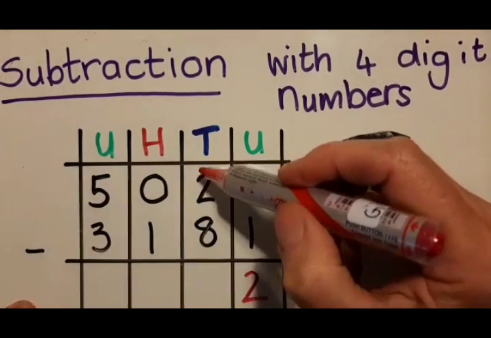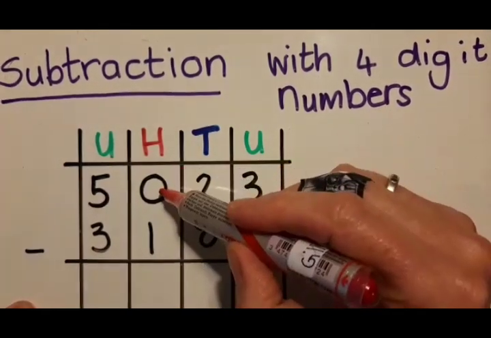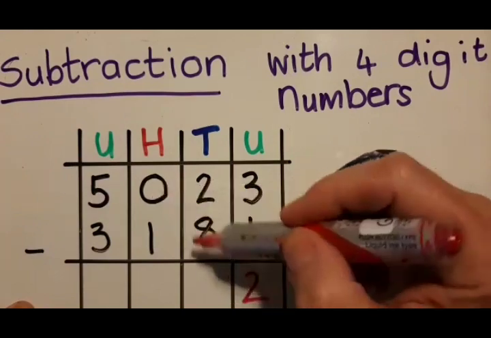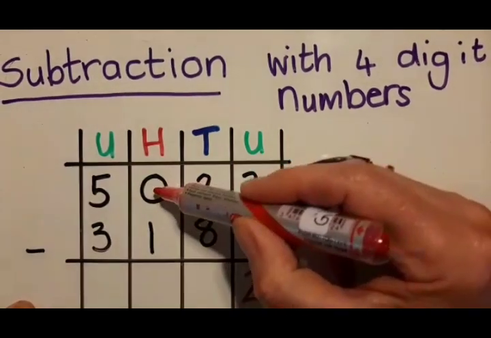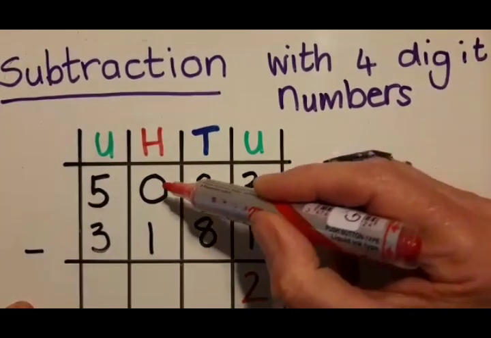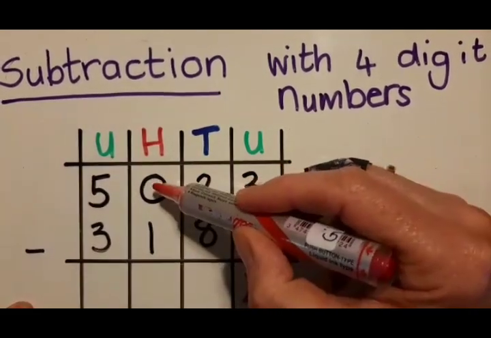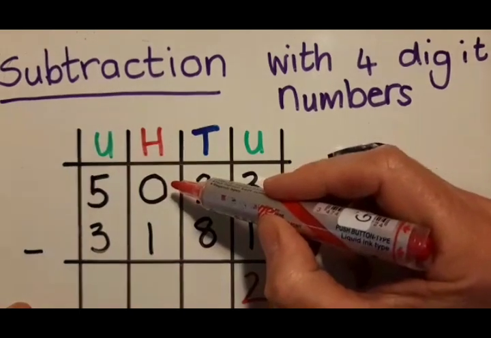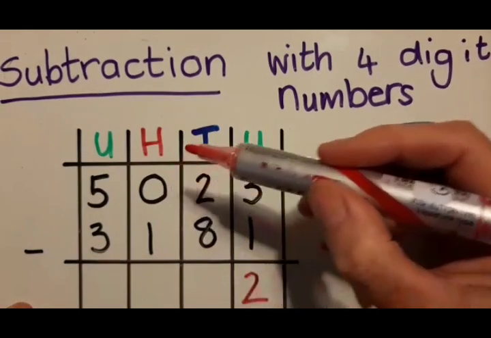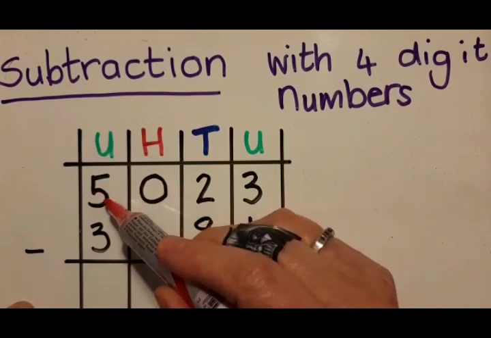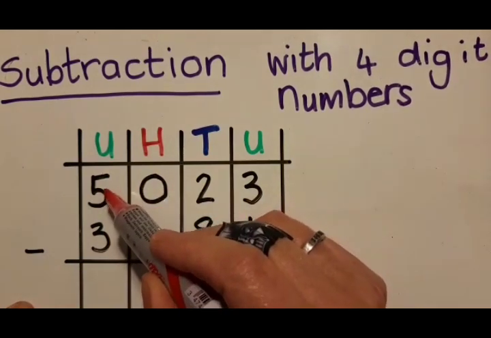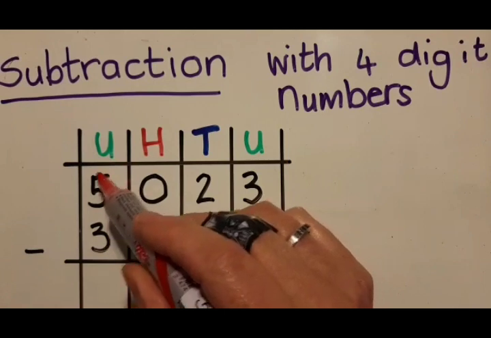So what we have to do is we've got to move to the next column, to the hundreds column, to see if we can borrow something from the hundreds column. Well, sorry for us, we can't, because there are no hundreds in the hundreds column. So then we need to carry on further. We then go to this space over here.